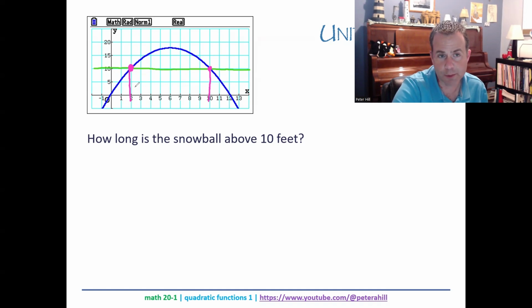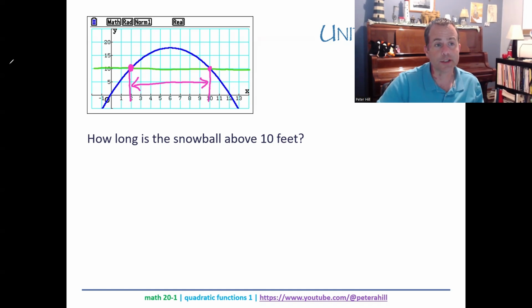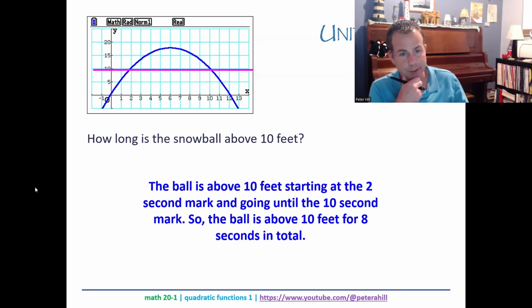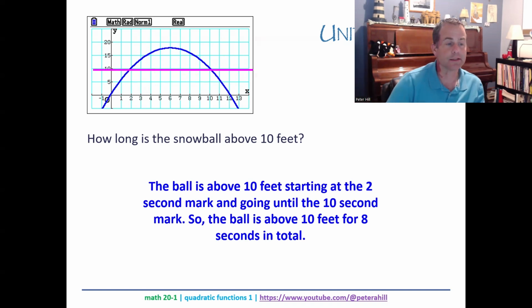So from the 2-second mark all the way to the 10-second mark, the ball was above 10 feet. That is 8 seconds altogether. I just subtract those two x values. So the ball is above 10 feet starting at the 2-second mark and going until the 10-second mark, for 8 seconds in total.